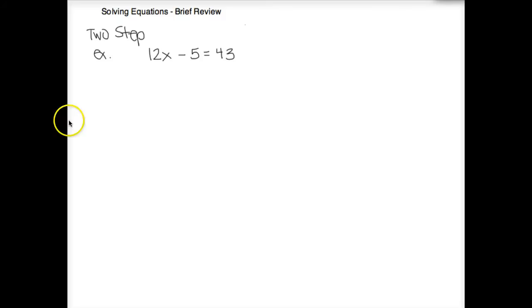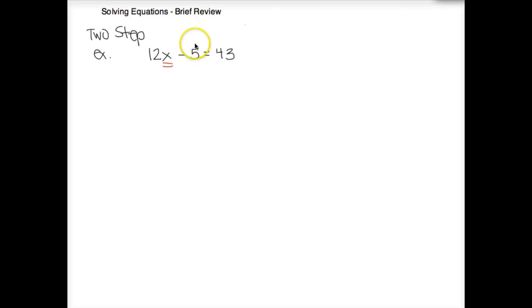So if this is our equation, this is the type that most people tend to remember, but if you don't, that's okay. Remember that when we are solving equations, we're using inverse or opposite operations, and our objective is to get the x all by itself. So here's our x, here's who we want to get by itself. Over on the same side of the equation, we've got two things with the x.